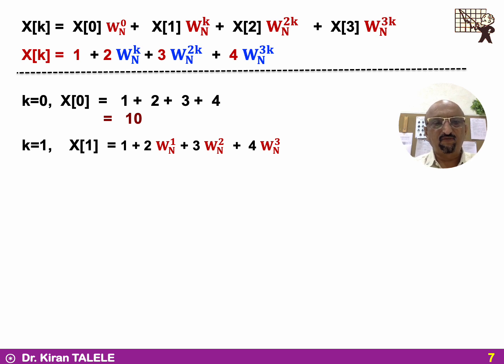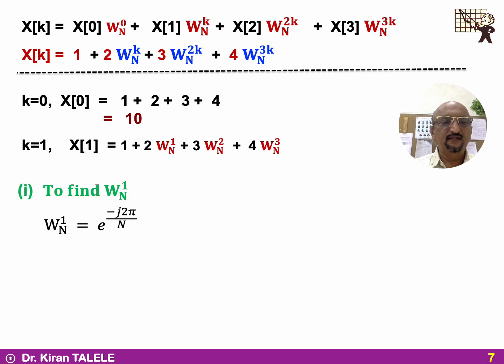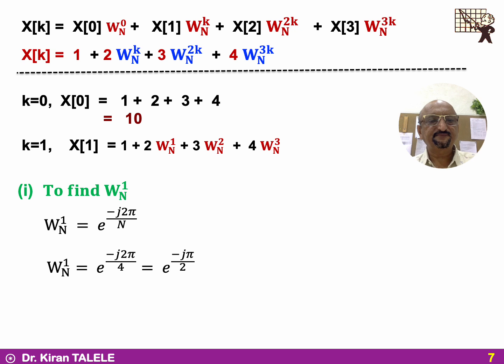To find X of 1, put k equal to 1: 1 plus 2 W N raised to 1, plus 3 W N raised to 2, plus 4 W N raised to 3. Now we need to calculate the value of the W term and then substitute here. To start with, W N raised to 1, by the basic definition of the twiddle factor, is e raised to minus j 2 pi by N. Here capital N is 4.